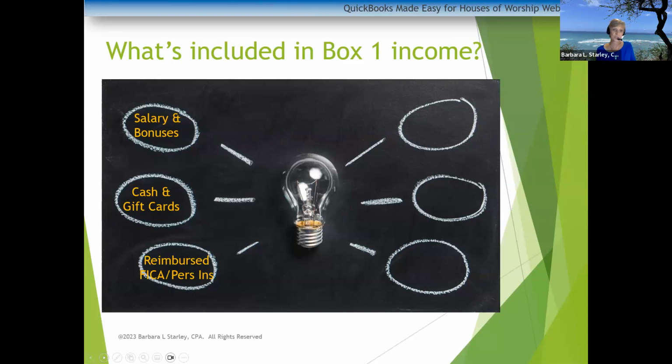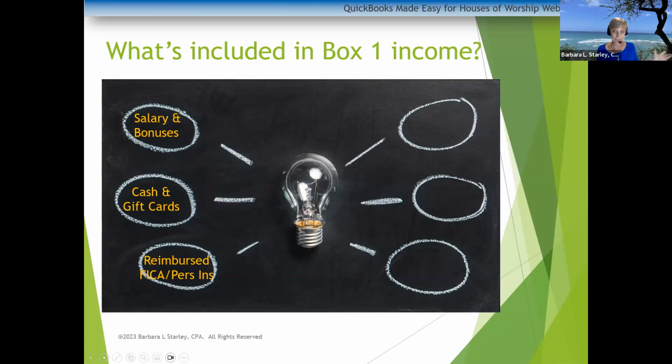Reimbursed FICA. A lot of churches will say, well, we kind of feel bad about the fact that for any other employee, we're going to pay half of the Social Security. So we're going to reimburse the pastor for half of his Social Security and Medicare that we would have paid had he not been a pastor.